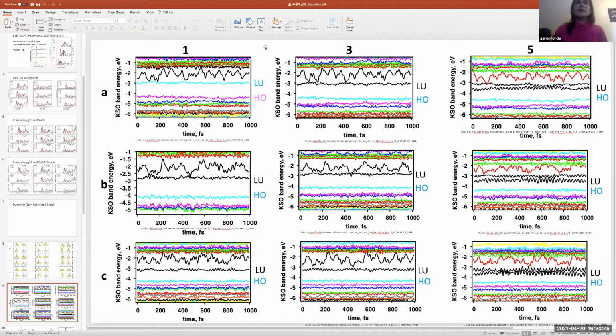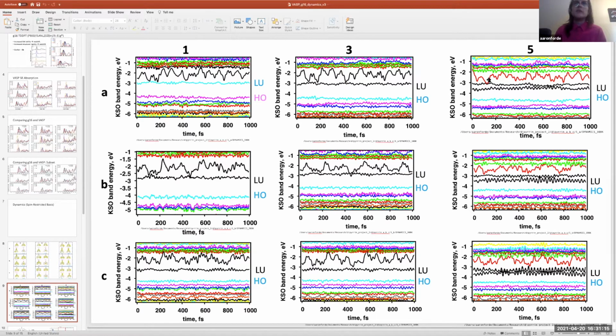And I'll mention again that comparing the 1 and 3 columns, their bands are fairly similar, but when looking at the 5 compound, the most electron withdrawing, it seems that VASP introduces an additional state which is lower than the orbitals localized on the transition metal.